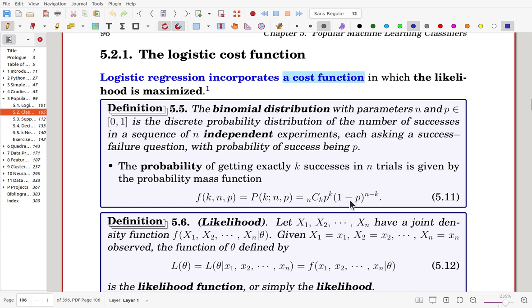The probability is 1 minus p, so that one case has such a probability. However, there are many cases. In fact, the number of cases is given by this term, n choose k. So we have to multiply by this integer to get the probability.